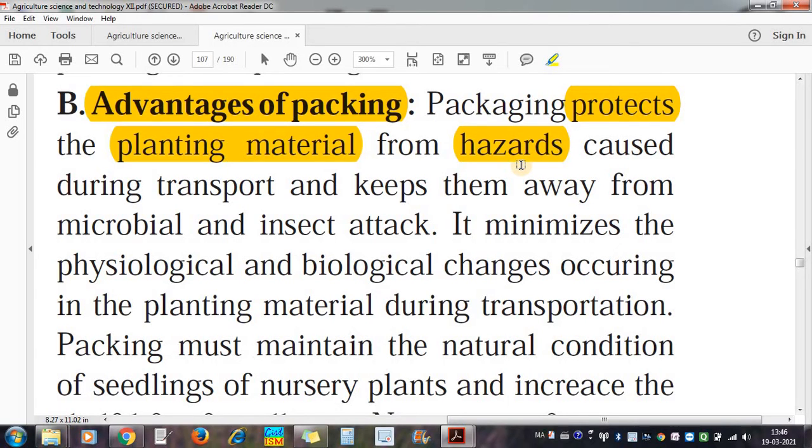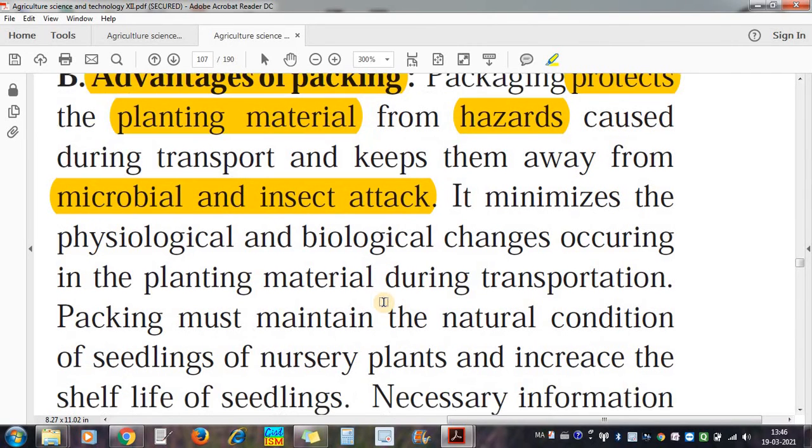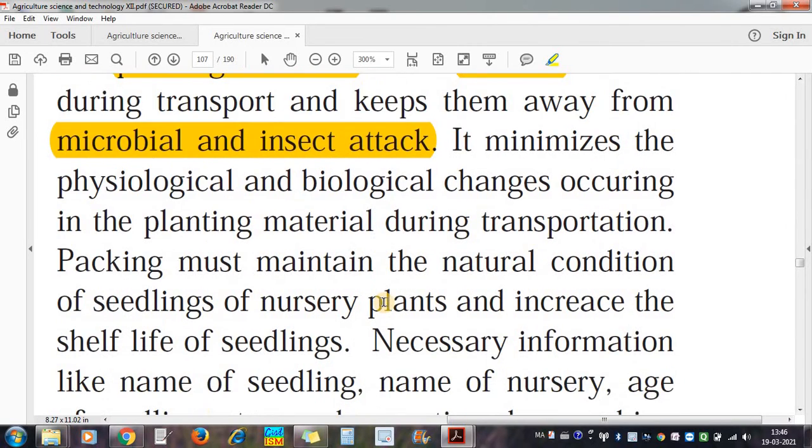During transport the roots of the seedlings may get damaged, branches may get damaged, or other very tender parts may also get damaged. It is also possible that there may be microbial attack or insect attack during transport. So we have to stop or minimize that.